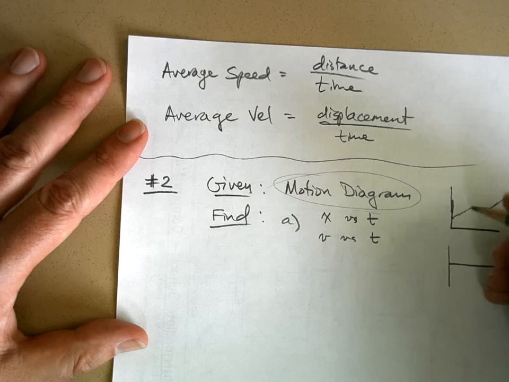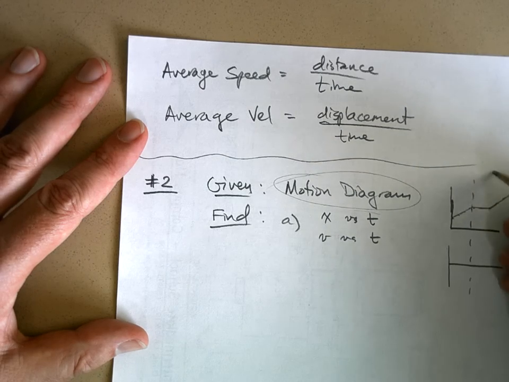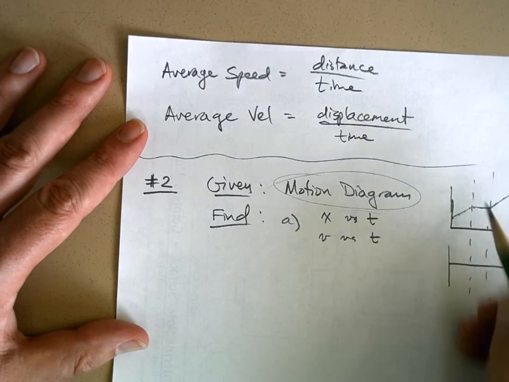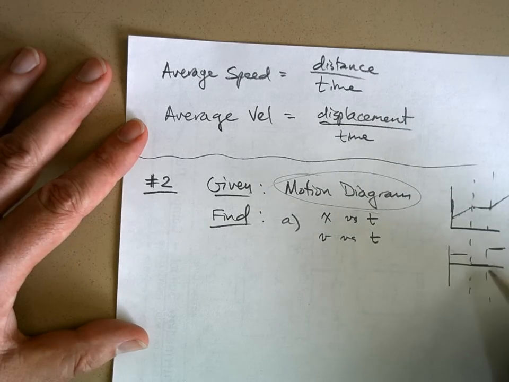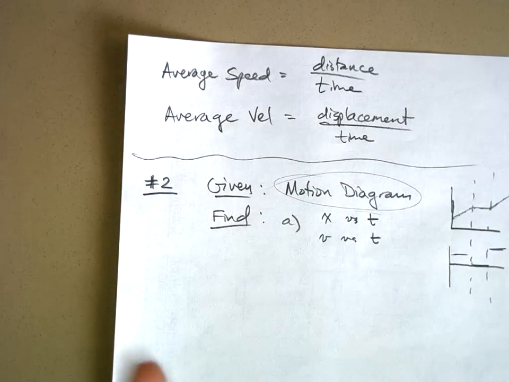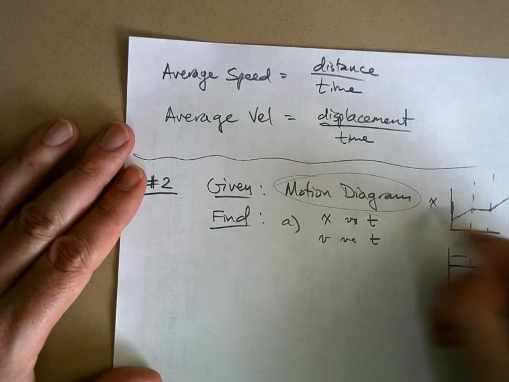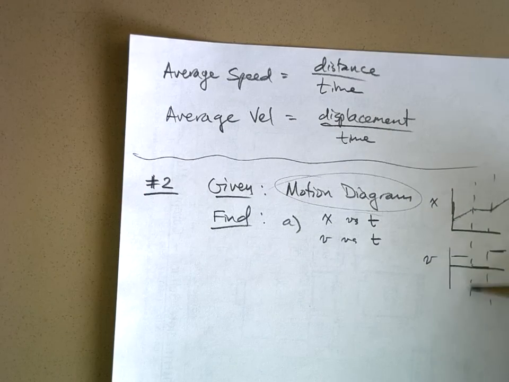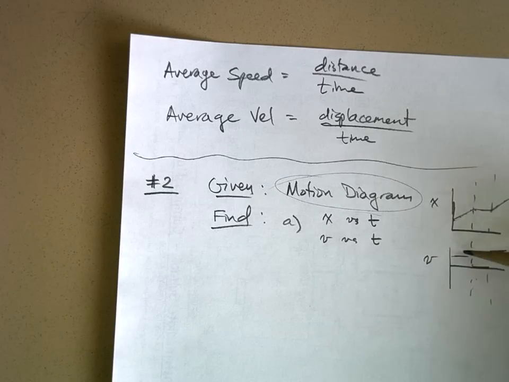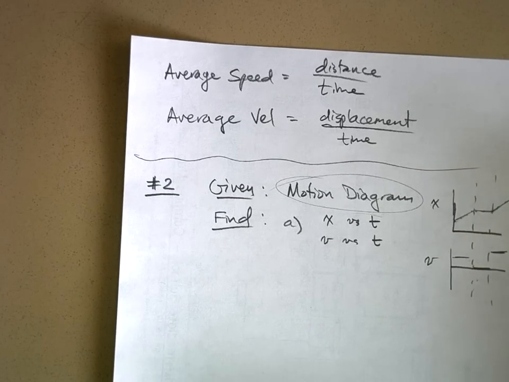So you're going to have to say, okay, during this time my velocity was positive and this is 0 and this is a little more positive, something like that. So you're going to have different time intervals, where these are going to be different velocities. But I think we've done that so you can handle that.